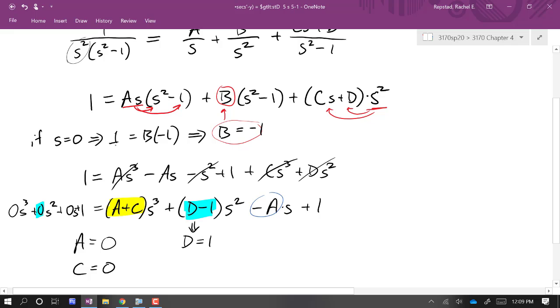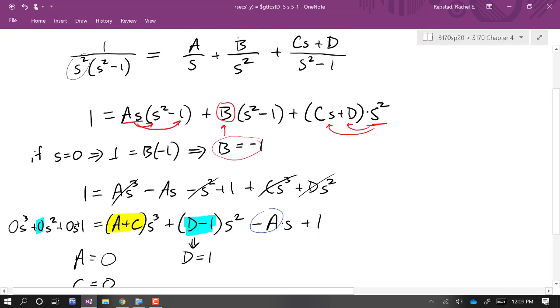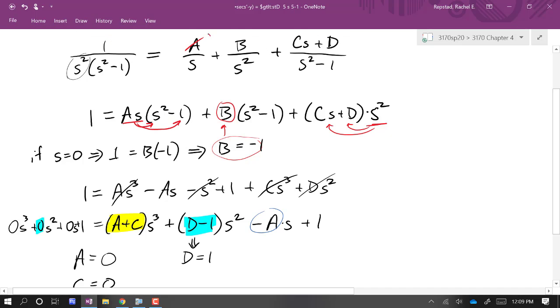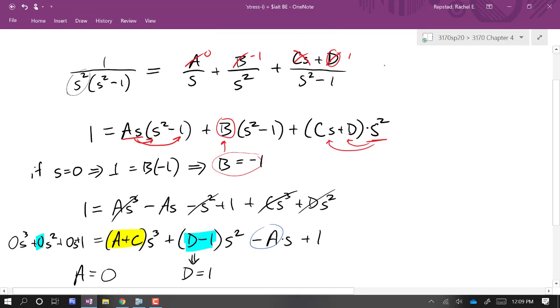And so that gives us, going up here, we already said that B was negative 1, so we have A is 0, B is negative 1, C is 0, and D is 1. And that gives us negative 1 over s squared plus 1 over s squared minus 1. And there's the partial fraction decomposition that we found.